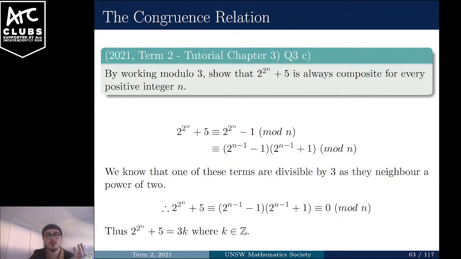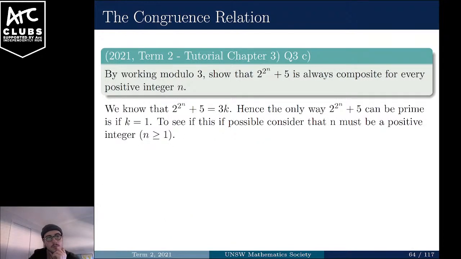If it's congruent to 0, we can say that it's equal to some integer times 3, so it's equal to 3 times k. Now that we've shown it's equal to 3 times something, the only way that this can be a prime number is if k is equal to 1.